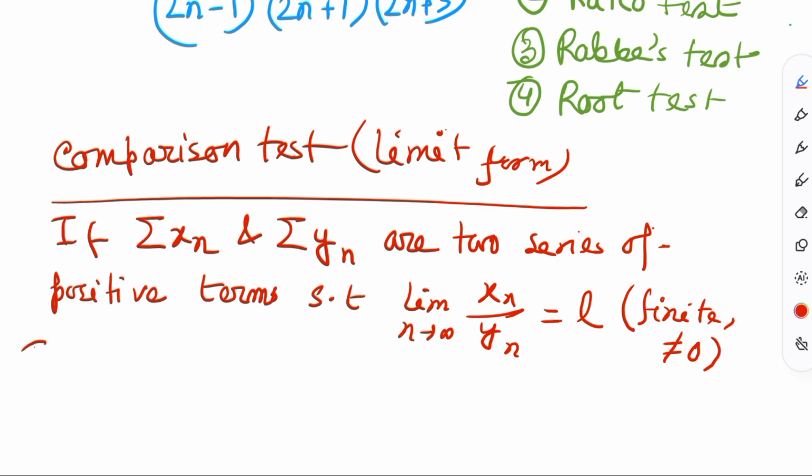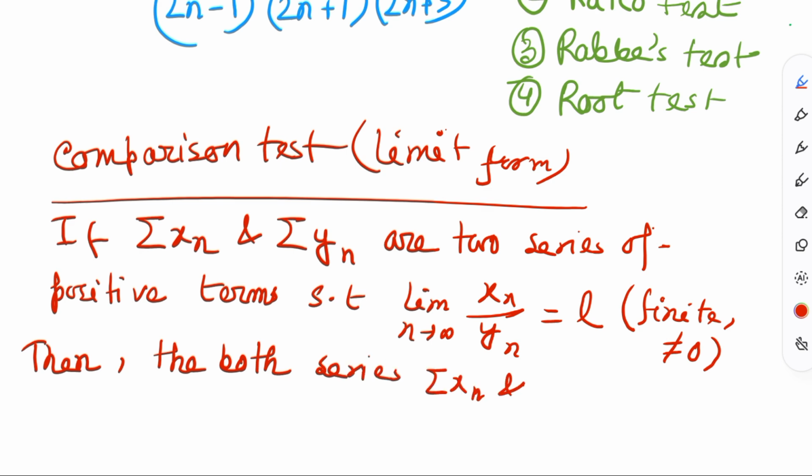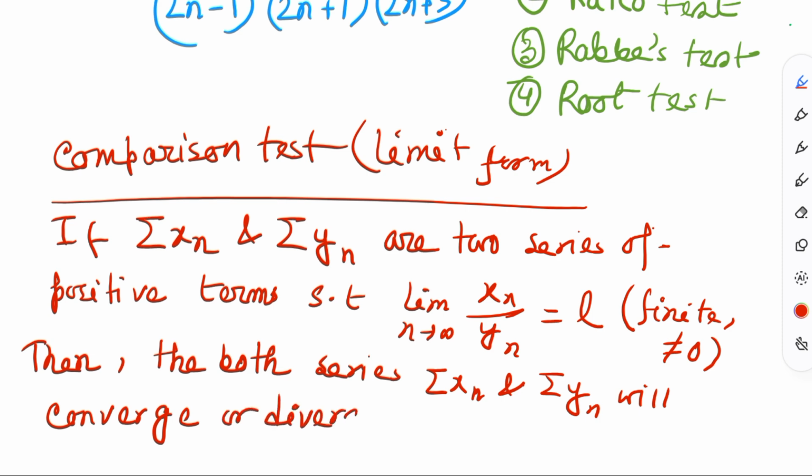Then what can we say? Then both series, summation xn and summation yn, will converge or diverge together. This is the statement of the limit form of the comparison test.